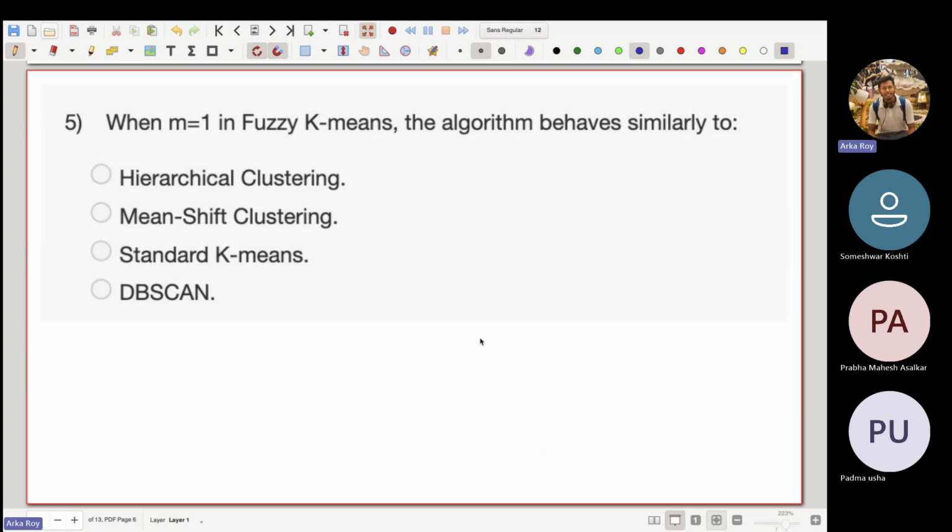Now, after getting convergence, when the clusters have been formed, the decision is hard at inference time. If your point P belongs to cluster group, let's say 1, the decision is hard.